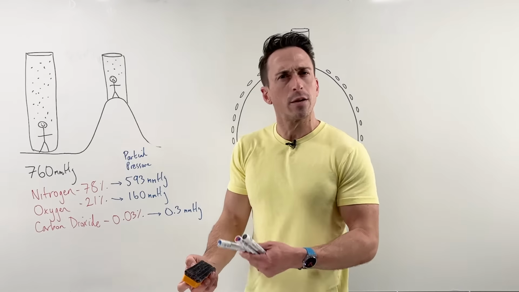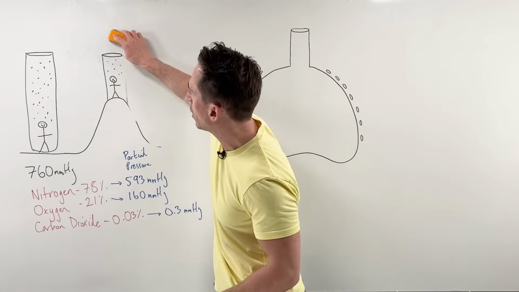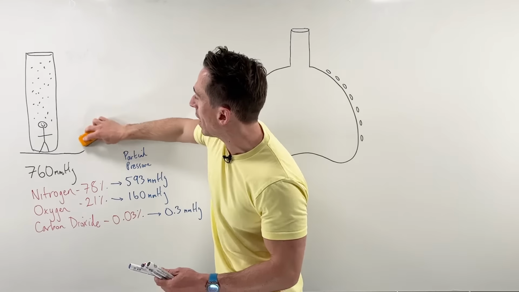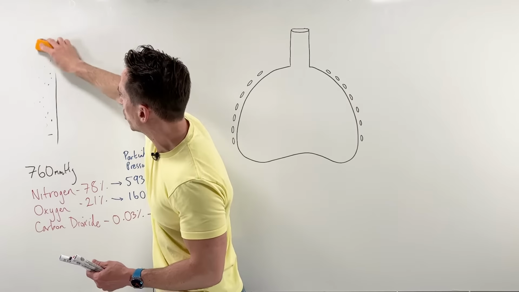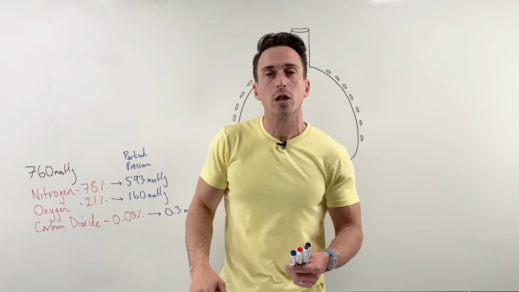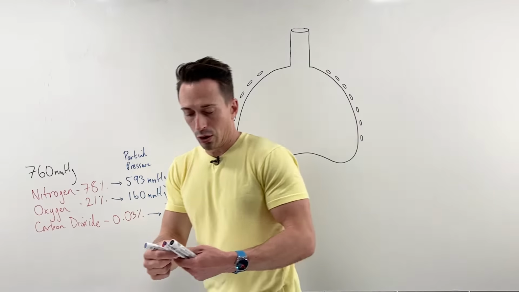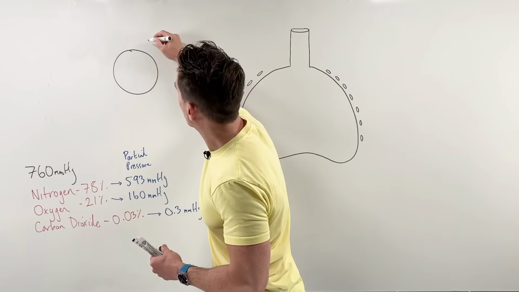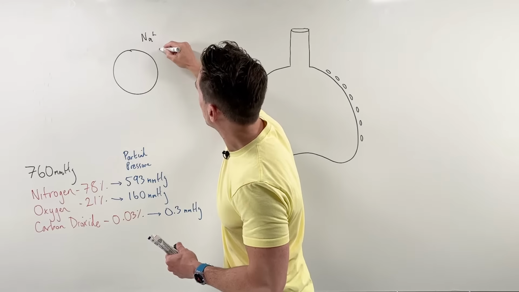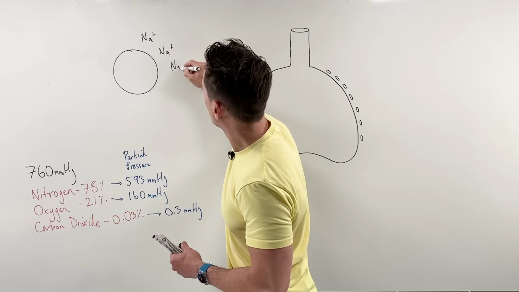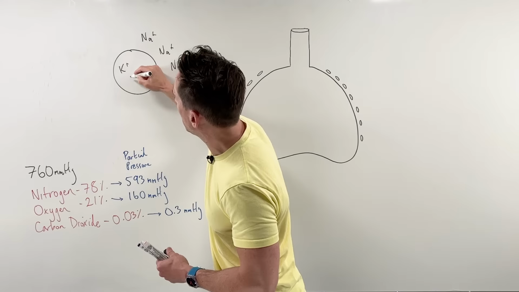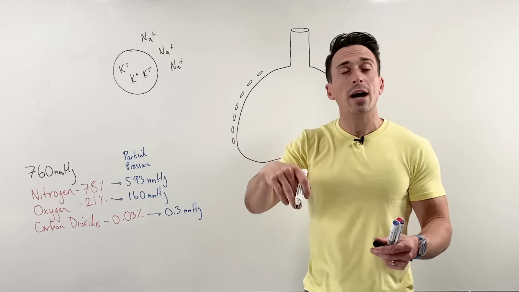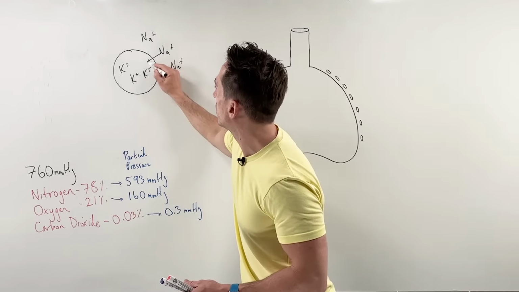We've spoken about diffusion before, which is the concentration of things like solutes, right? And those solutes will only move down their own concentration gradient. So for example, if I've got a cell and I've got a lot of sodium outside the cell and I've got a lot of potassium inside the cell, the sodium will move down its own concentration gradient and go inside.